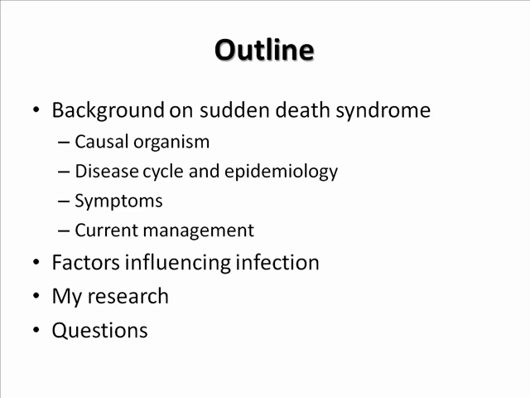To give you a brief outline of what I'm going to be talking about: the background about sudden death syndrome, a little bit about the disease and how it's caused, the causal organism, the disease cycle and the epidemiology of the disease, the above-ground foliar symptoms that the disease is known to produce, and then current management practices that are affecting sudden death syndrome disease development, some of the factors that are influencing the infection of the causal organism, and then some about my research, and then I'll have questions at the end.